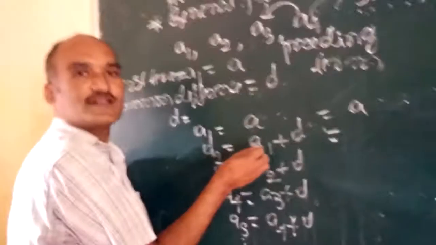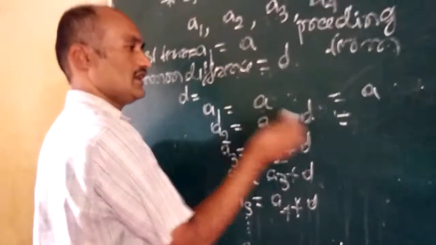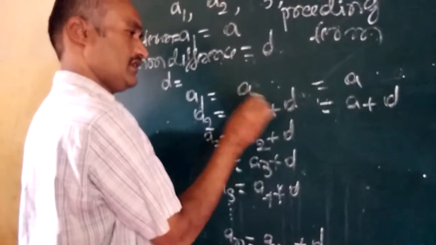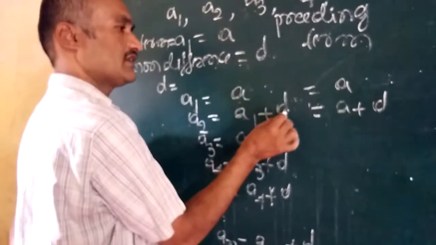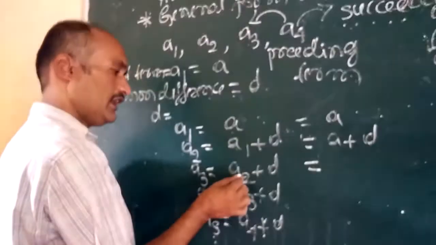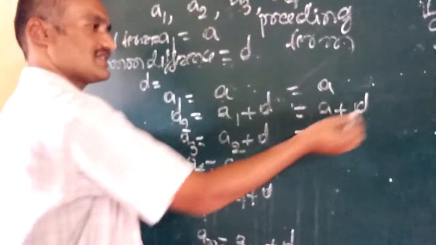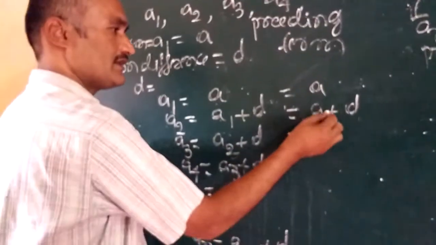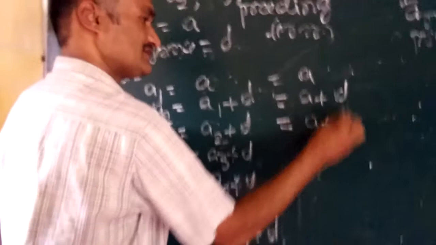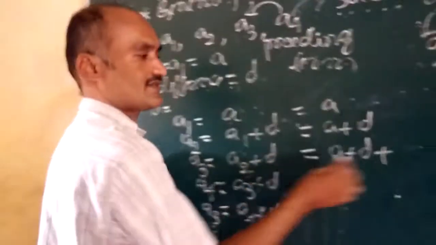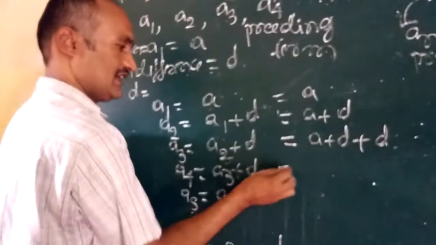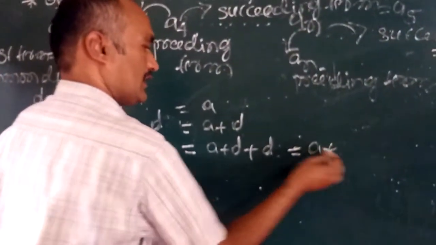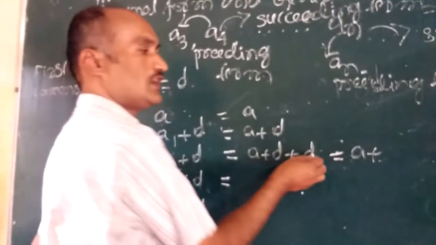This A1 is the first term, A. First term is A plus D, A1 is A, and this D. And A2, the second term, is A plus D. So in place of A2, I can write this A plus D, and this D as it is. So you will get A. D plus D is how many D? 2D.